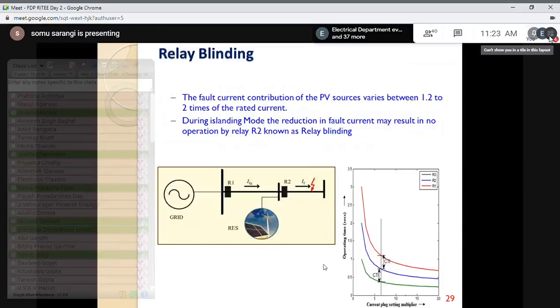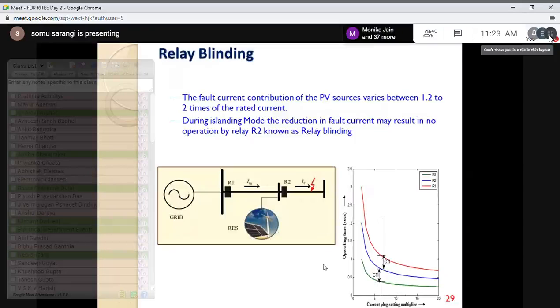Let us consider that there is no renewable source in our system, and the power is only coming from the grid, which is a synchronous generator. When a fault comes in the system ahead of R2, R2 and R1 are coordinated. But if you include a renewable source like solar and wind, they have their own control technique, due to which we try to maintain the voltage at bus R2.